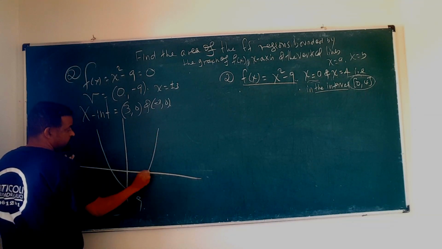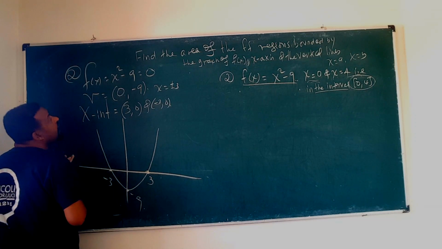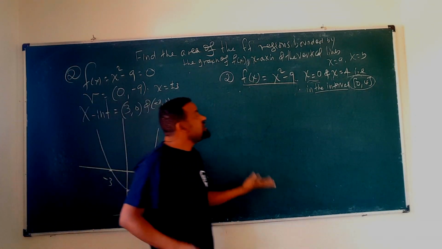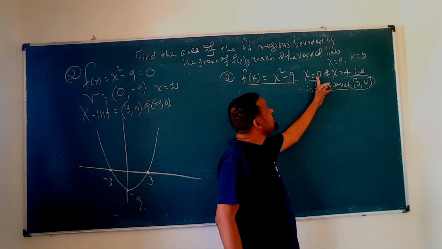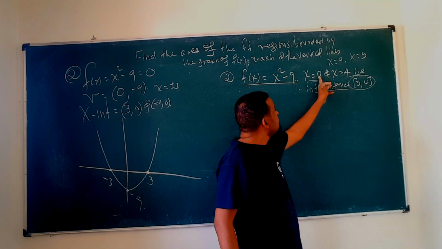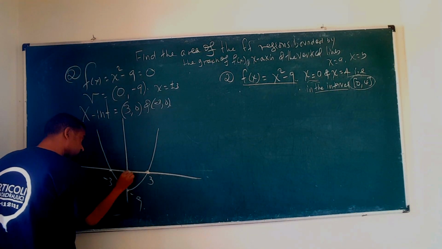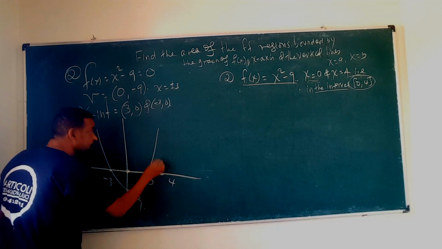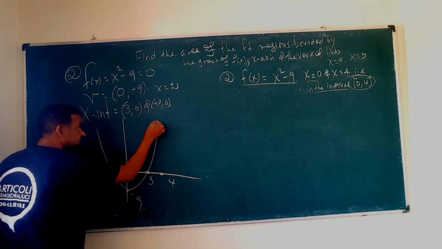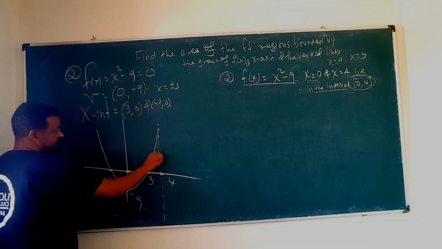እንደዚህ አይነት ፓራቦላ ነው። እዚህ ጋር 3 አለ፣ እዚህ ጋር ኔጌቲቭ 3 አለ። ኦኬ አሁን what is the area of the region bounded by the graph of f of x, the x-axis and the vertical lines between 0 and 4 ነው። ልብ አድርጉ። x equal to 0 ማለት ይሄ ነው። x equal to 4 ማለት ደግሞ እዚህ ጋር ታረጉና, the vertical line is here. እዚህ ጋር ሌላ vertical line.